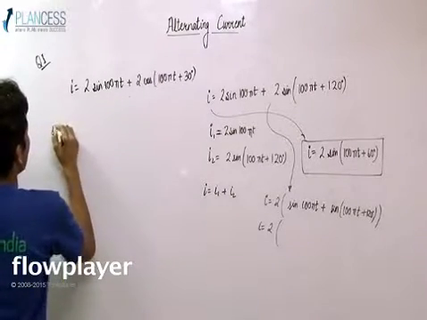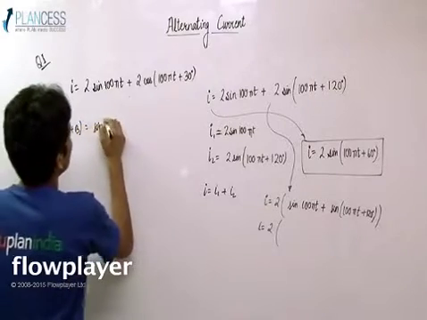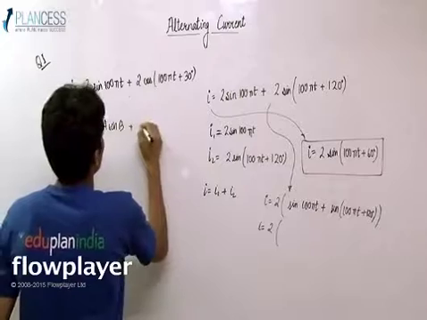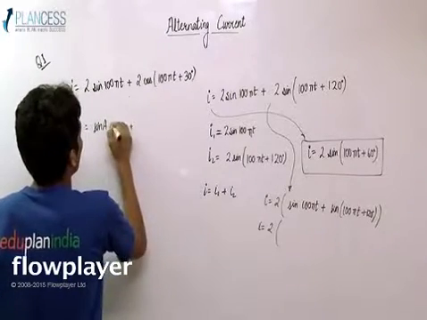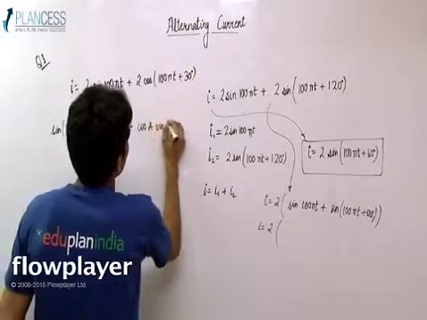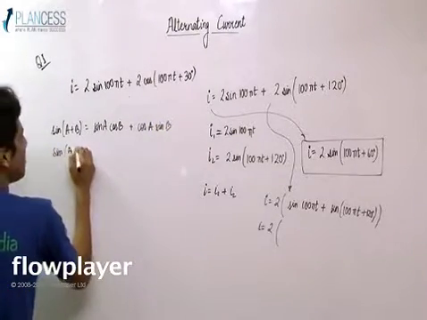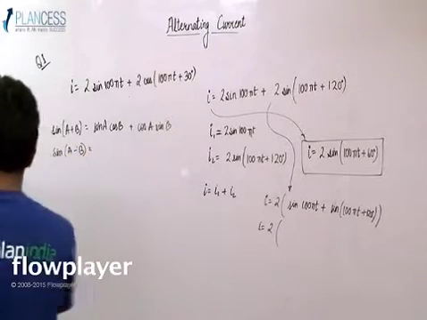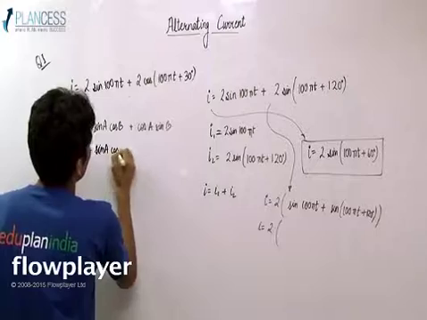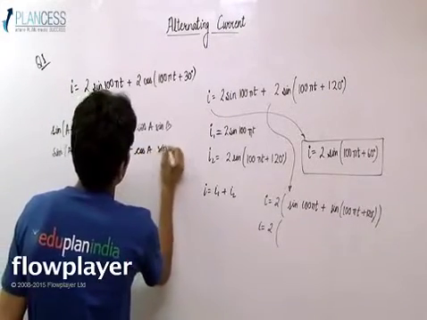I can say sine A plus B is equal to sine A cos B plus cos A sine B, and I can say sine A minus B is equal to sine A cos B minus cos A sine B.